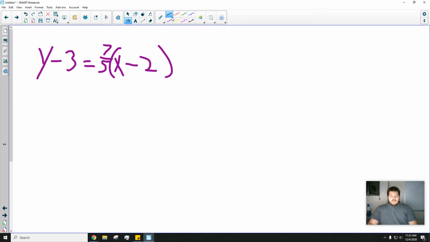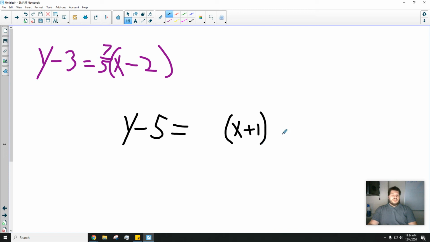If I gave you this line in purple here in point slope form, and I asked for a line that was perpendicular, all you have to look at is this number right here and the number in this slot here.